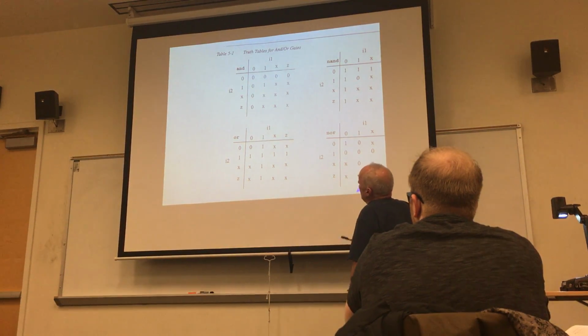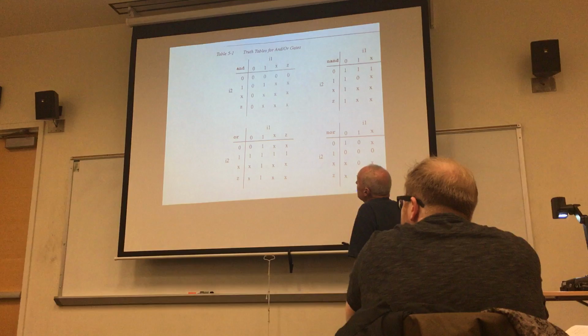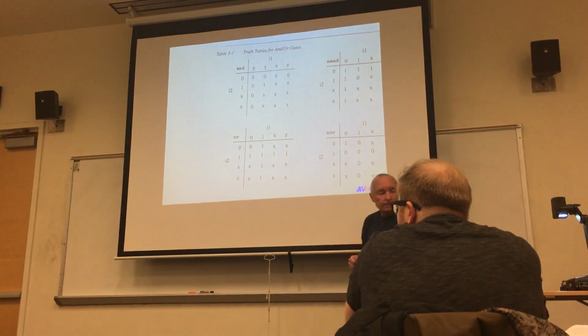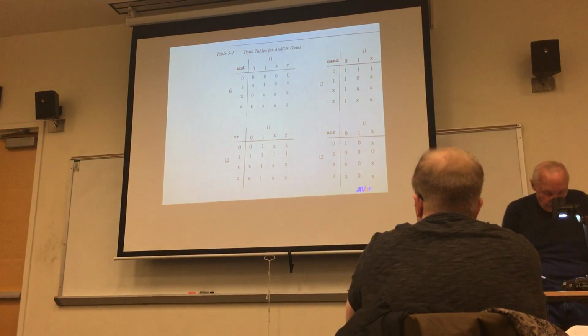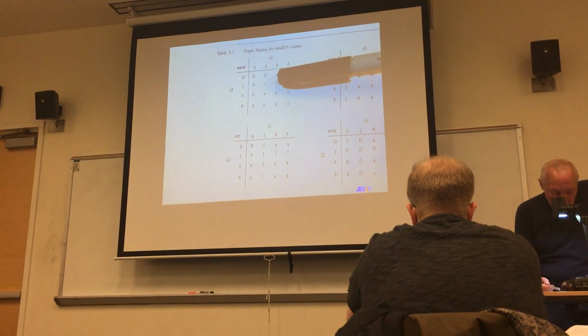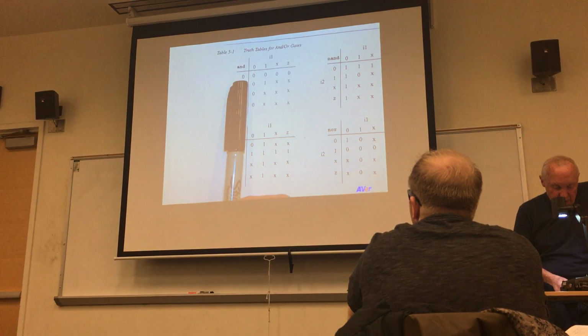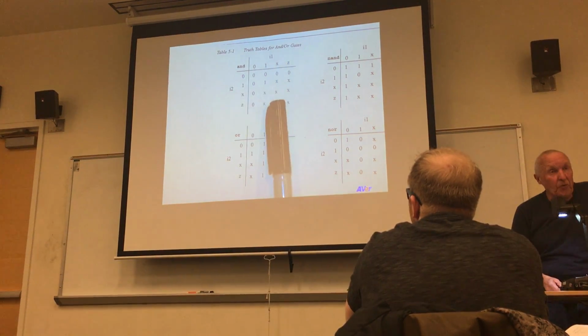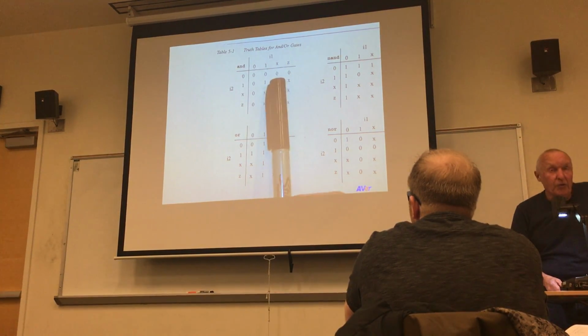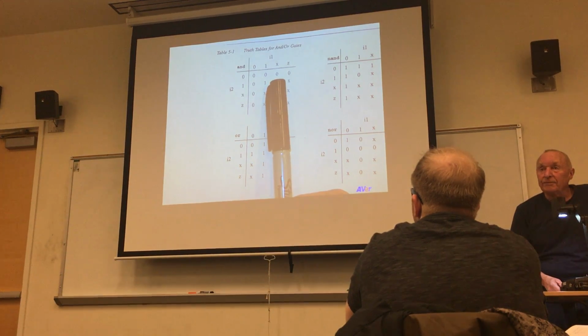If you look at the AND gate up here, the reason why you have the 0 up here is if one of the inputs is a 0, even if you have a don't care on the other input, you know that the output is going to be 0.